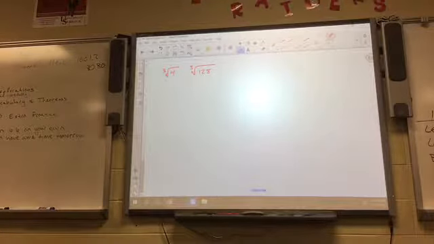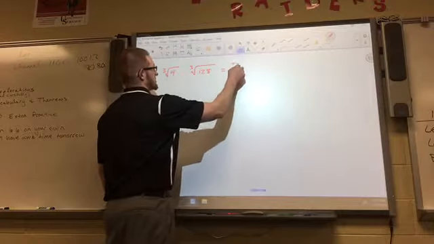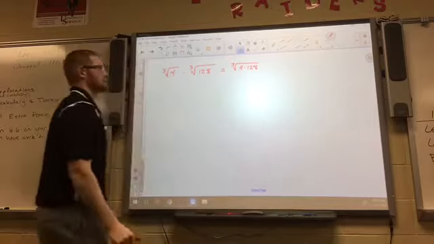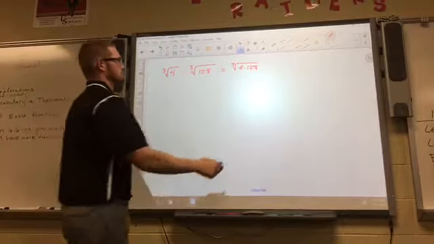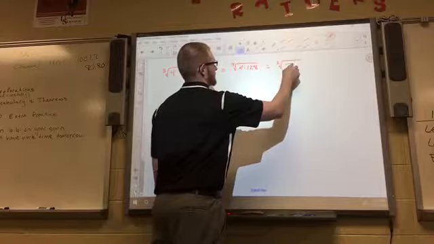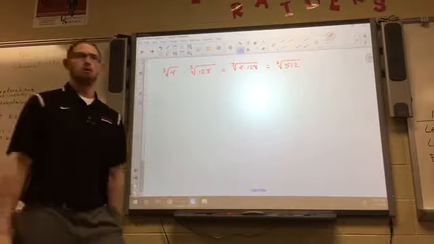Pretty easily because they're both cube roots, right? So this would be the same as the cube root of 4 times 128. If you have a calculator, go ahead and do that. What is 4 times 128? 512. So I have the cube root of 512. If you have a calculator, go ahead and do that one. 8.